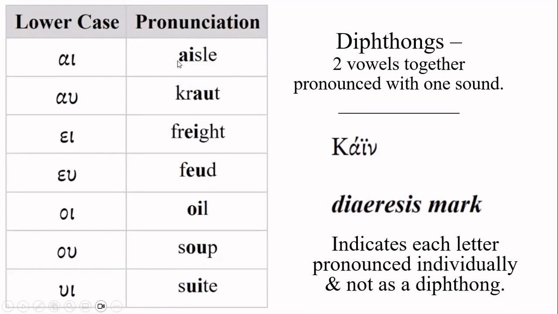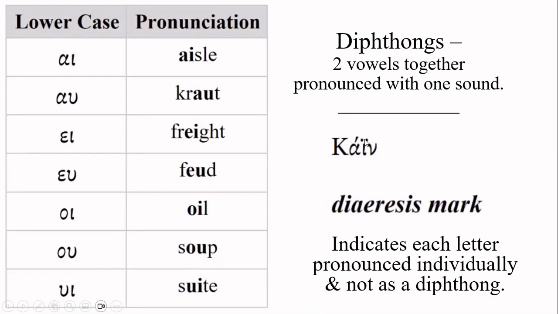However, there is an exception to this rule, and that's when there are two dots above one of the vowels. This is called a diaeresis mark. This diaeresis mark means to pronounce each letter individually, not as a diphthong. So without these two dots, this would be pronounced kine.